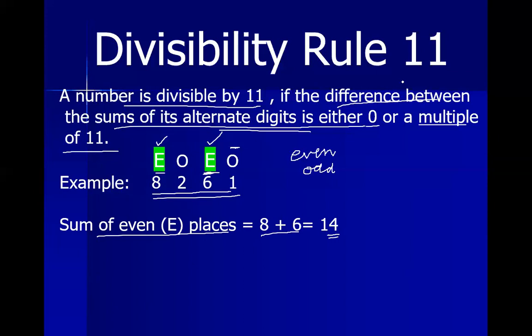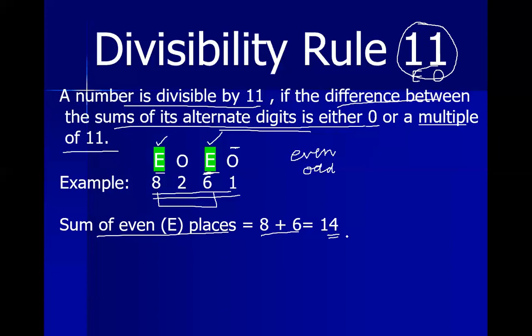Always remember, in the rule of 11, even and odd come one by one, and you have to add up the digits alternately.